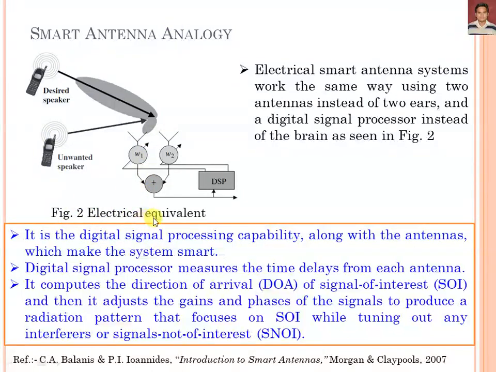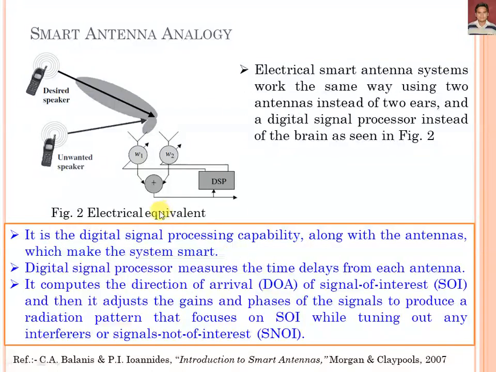The smart antenna has digital signal processing capability along with the antennas, which makes the system smart.